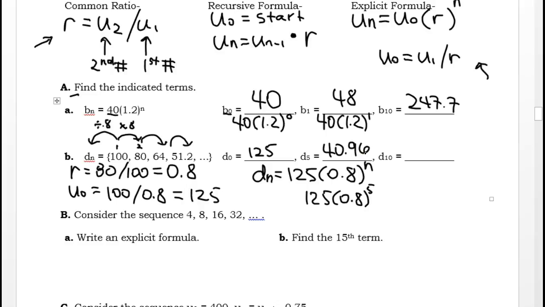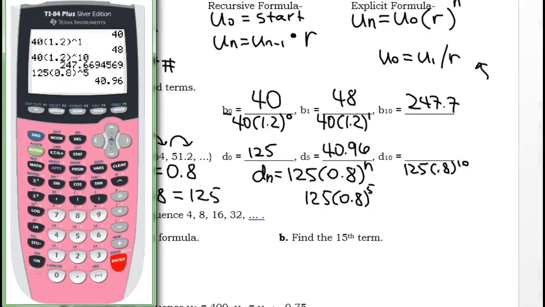And I'm going to do the exact same thing with a power of 10 to get d sub 10. And I got 13.4.